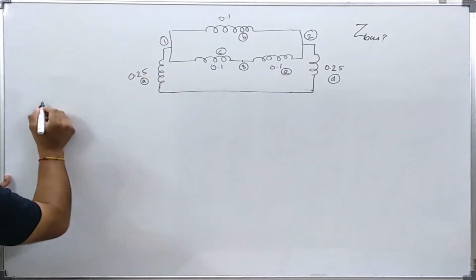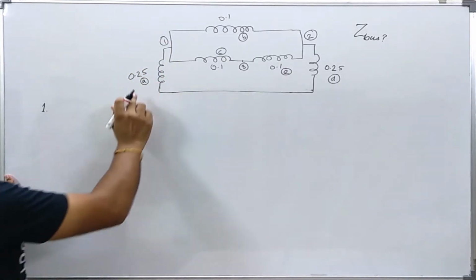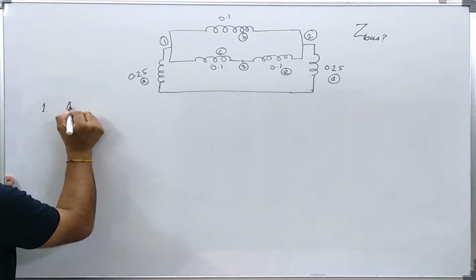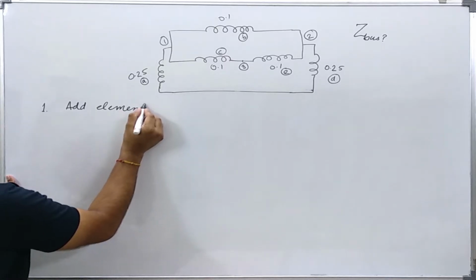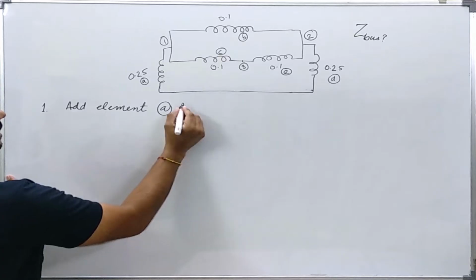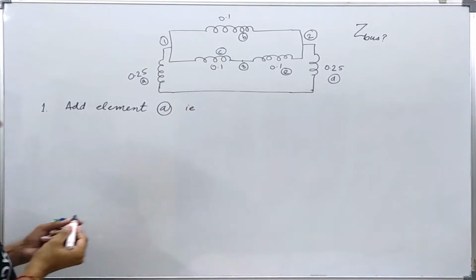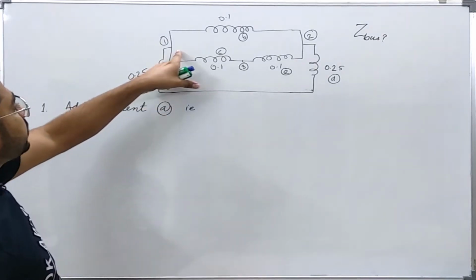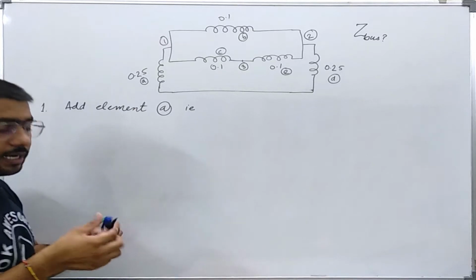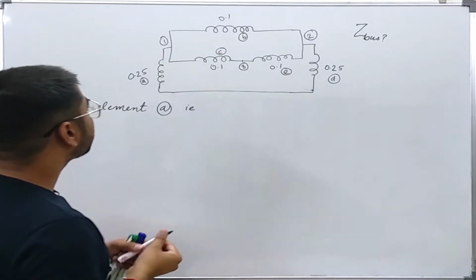So for step 1, we will add element A. That is, what we are doing here, we are adding bus 1 with the reference bus, and this is the new bus.